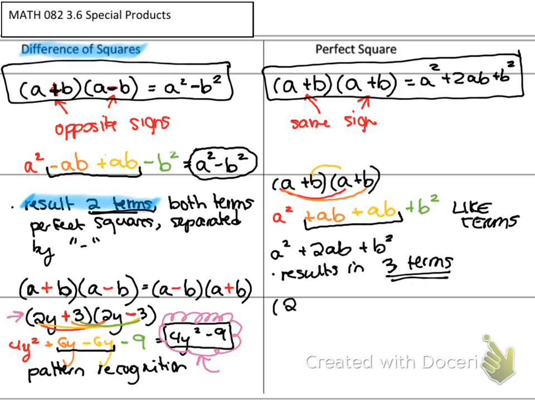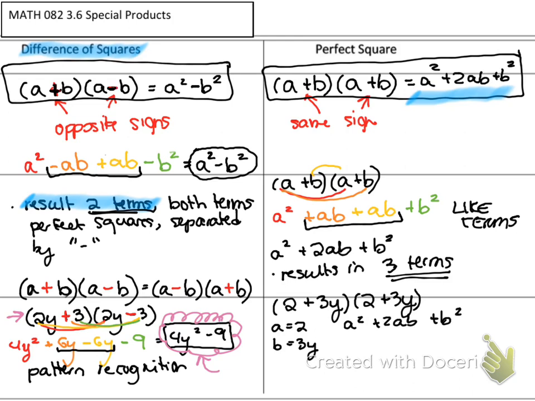So let's say I have (2 + 3y) times (2 + 3y). Okay, so if you recognize this as a perfect square, then instead of foiling, you could literally just use this expression, right? So a is 2 in this example, and b is 3y. So my formula, remember, is a squared plus 2ab plus b squared.